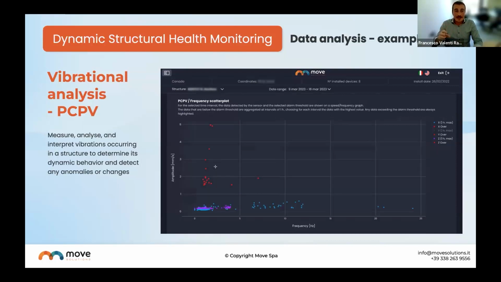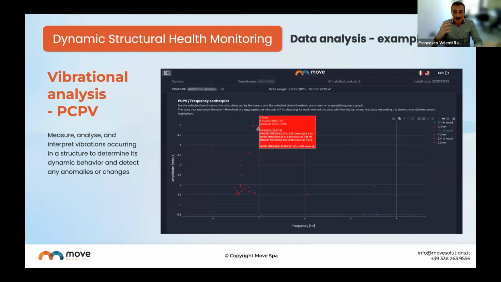Each amplitude-frequency pair is compared to the alarm threshold selected by the user to establish whether an alarm is triggered or not. The scatter plot provides a visual representation of the data and can help to identify patterns by comparing the amplitude and the frequencies for each individual component within the selected time period.